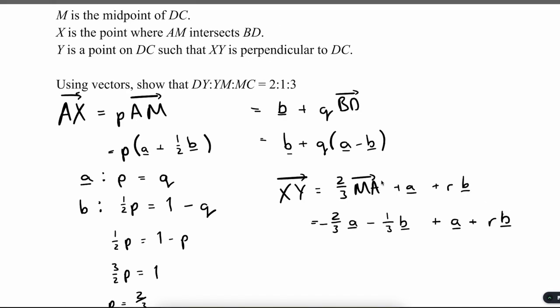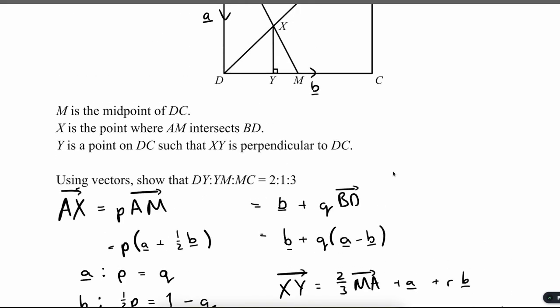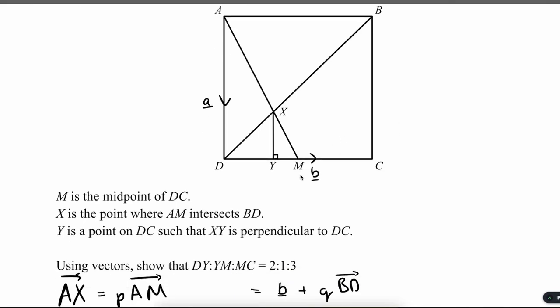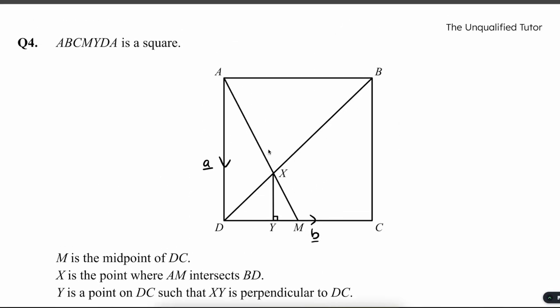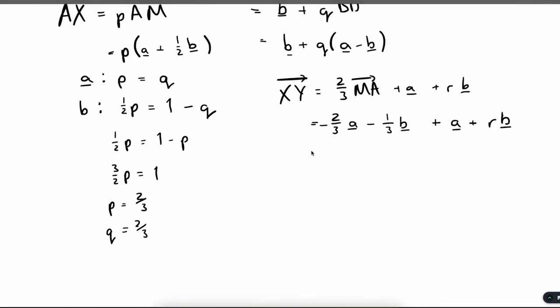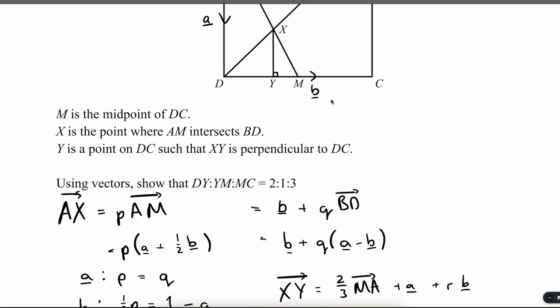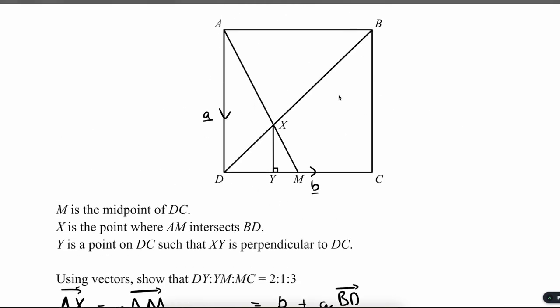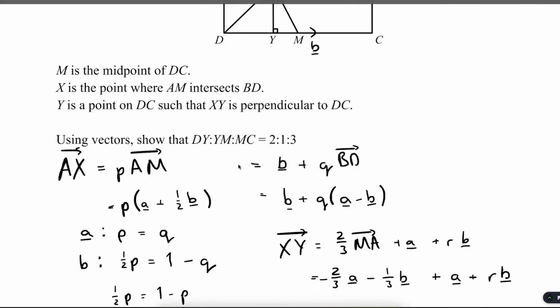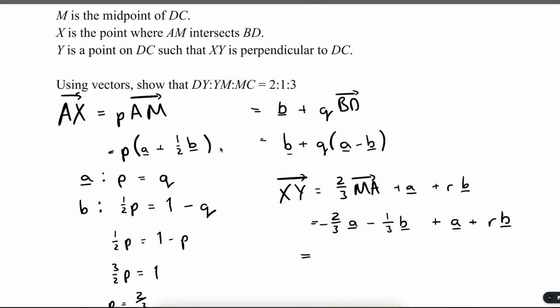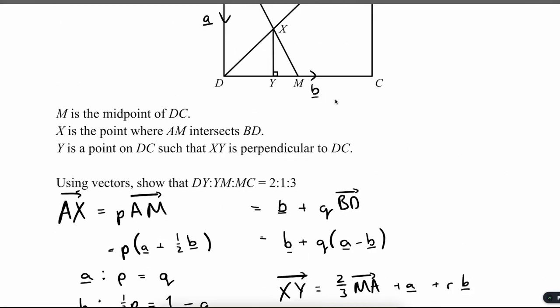Okay, now we need to find XY another way, so let's go through this way around this time. So XY is going to be equal to, well, XB. Have we done XB? Yes, we have. So XB is 2/3 of BD, because we know that q is 2/3, and we've used that scalar parameter for that line before.